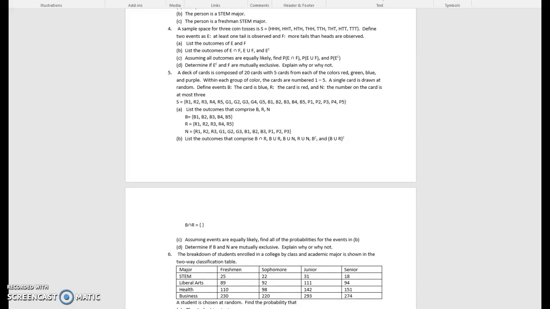Alright, let's look at B union R. Now remember, that means we want to put the two events together. So let's just list everything in both of the events. And let's go to B union N. Again, we're going to put both events together, and we don't want to repeat anything that we've already got.